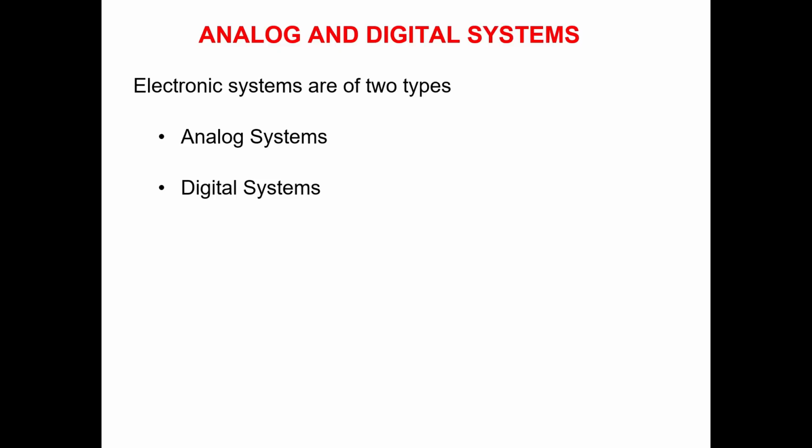Digital circuits are often called switching circuits because the voltage levels in a digital circuit are assumed to be switched from one value to another value instantaneously. That is, the transition time is assumed to be zero.